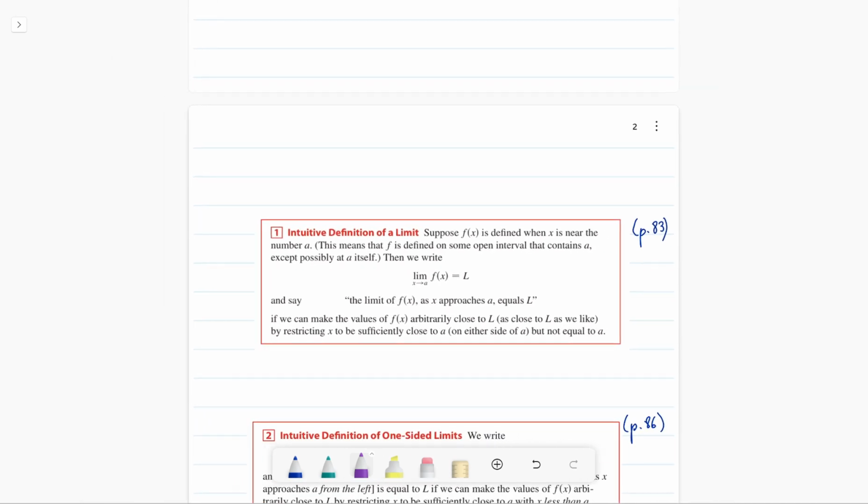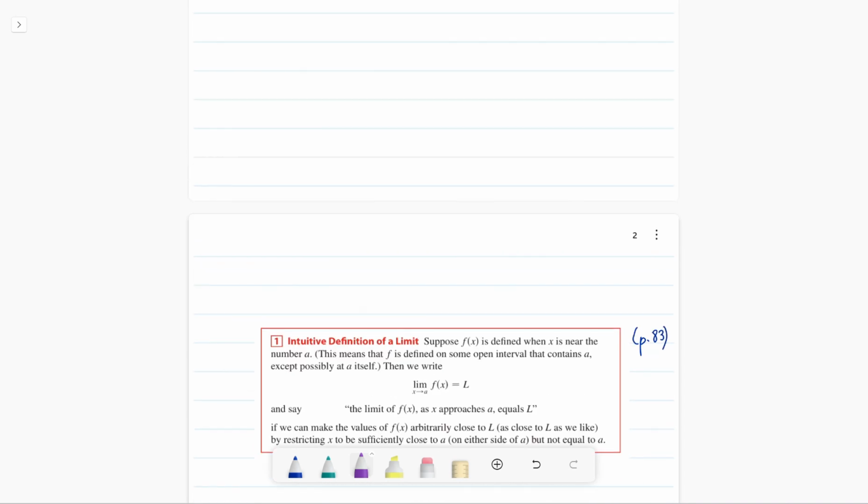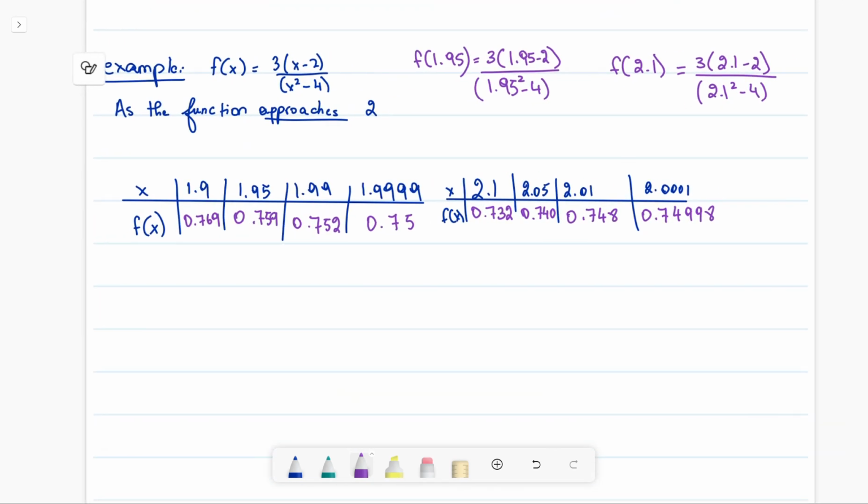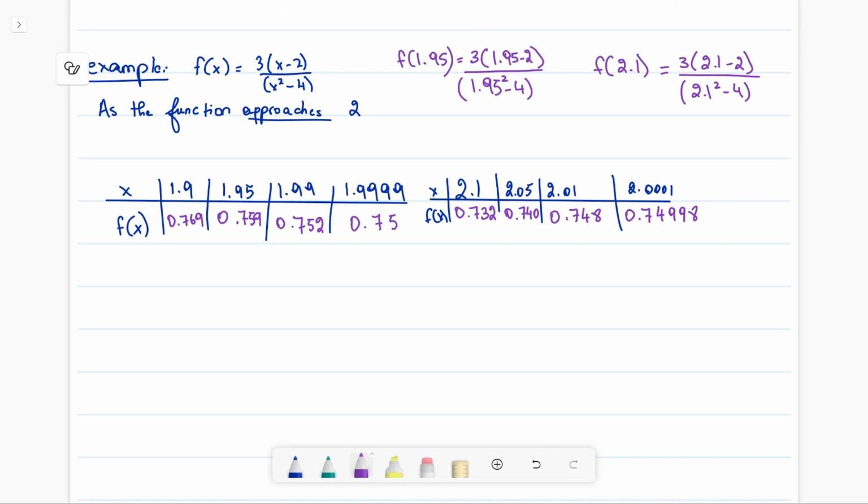So, in case you did not understand this definition, basically, if we were to use the wording of the definition in our example here, this is the limit as x approaches 2 of f of x.